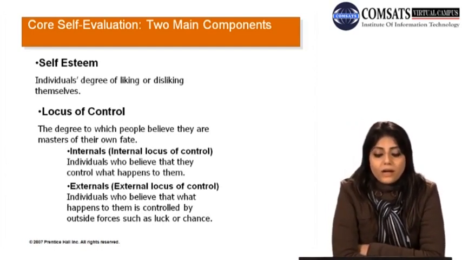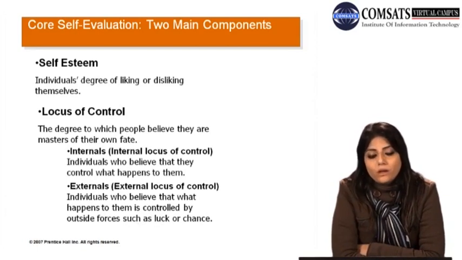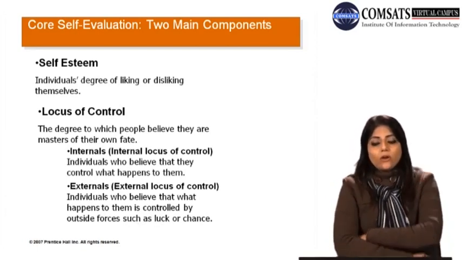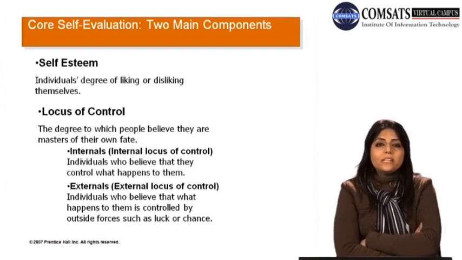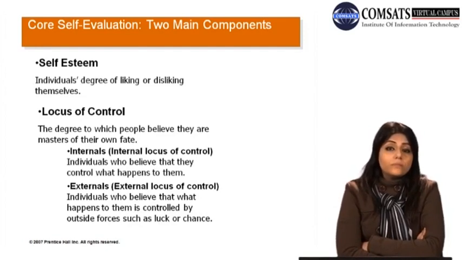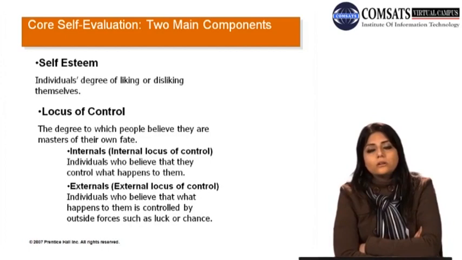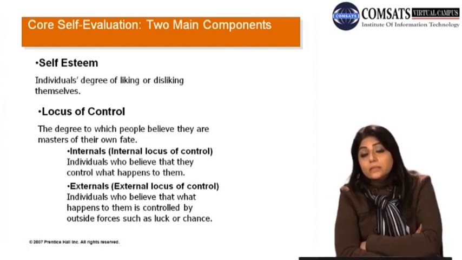So herein we have the locus of control. Individuals who are high on internal locus of control basically believe that they can control their external environment, that they are the masters of their own happiness, or that the external environment is in their control.